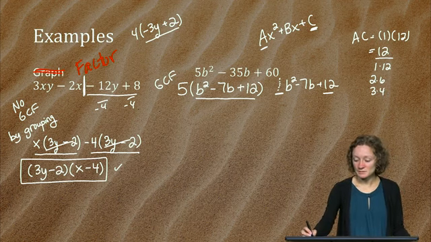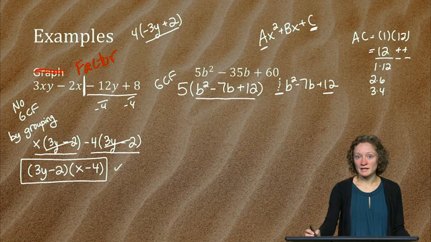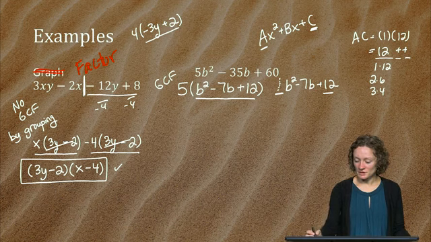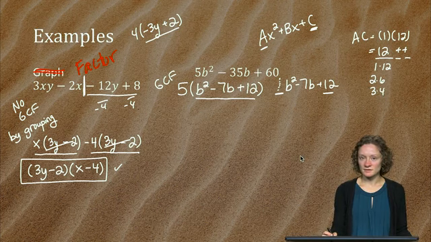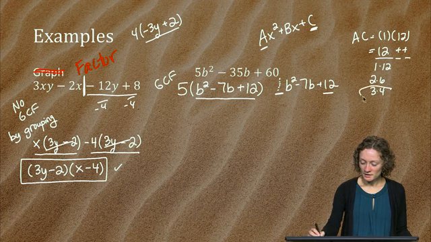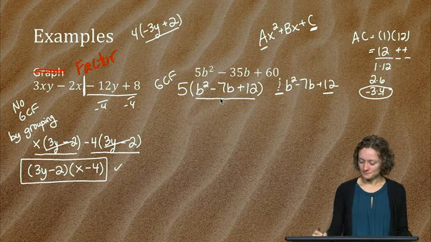And our numbers need to be both positive or both negative to multiply and give us positive 12. We're looking for a combination with plus plus or minus minus to give negative 7. So which one works? 3 and 4 combine, and if we make them both negative, negative 3, negative 4 gives us negative 7b.